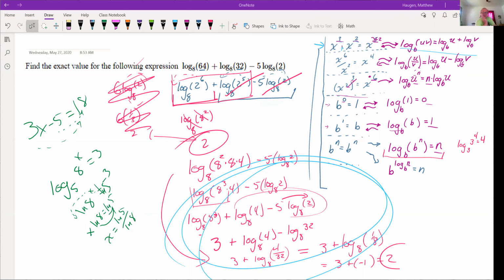Let's see. All I have to do is remember how. Which one? Oh, it was 5.3 and then 5.4. I was almost done with 5.3 and then 5.4 I was about to start. Okay.